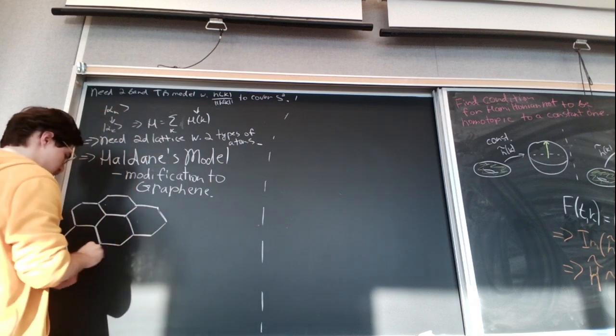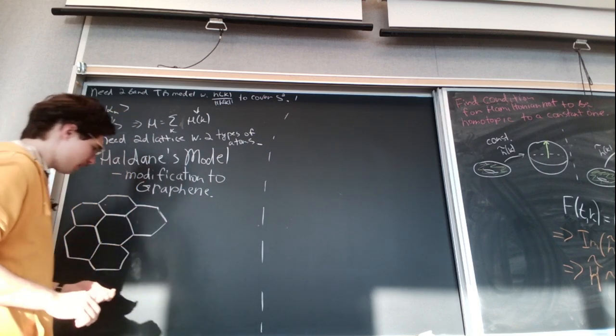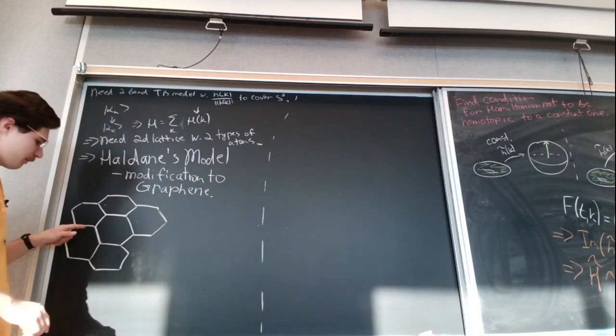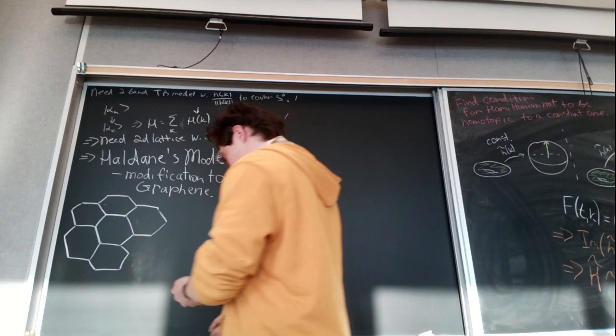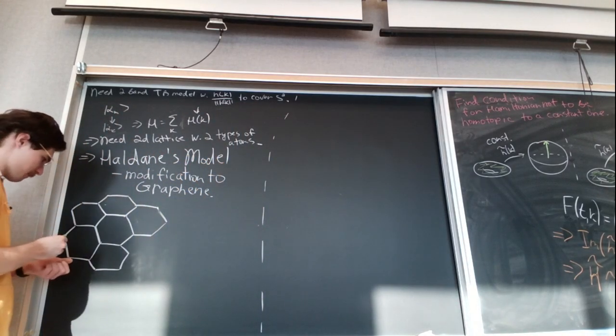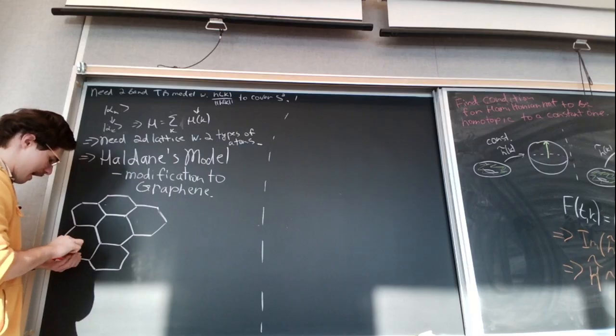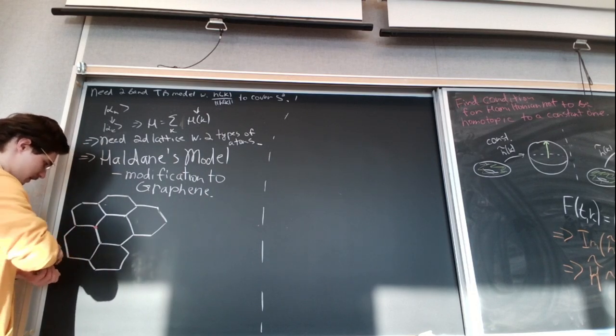And the point is that there's two sites. I need to tell you what's happening on two sites to explain what's going on. So I need to have these sites and these sites.